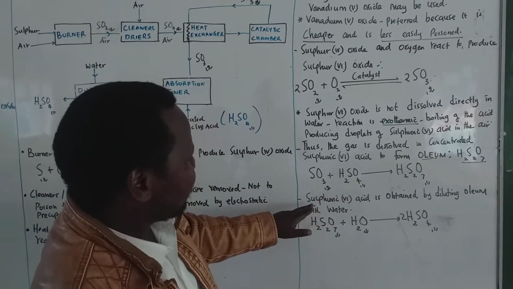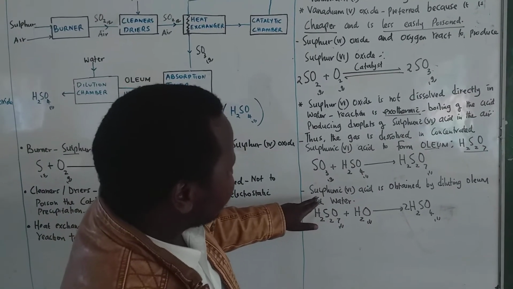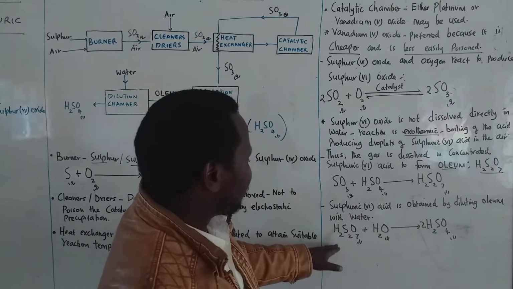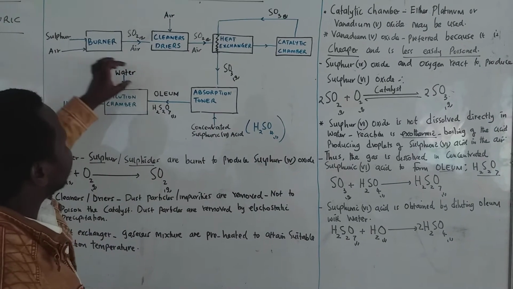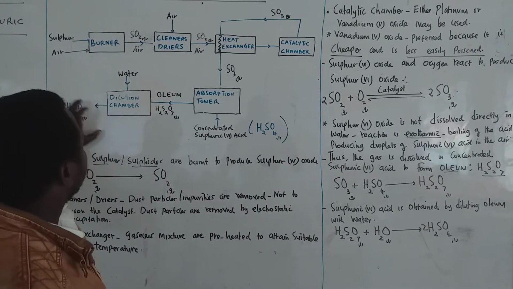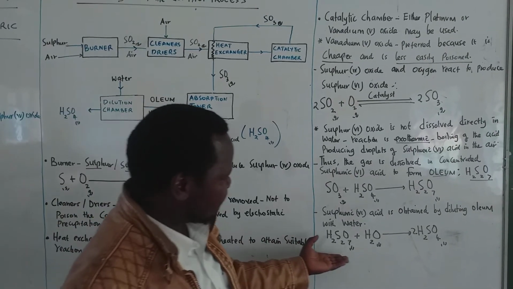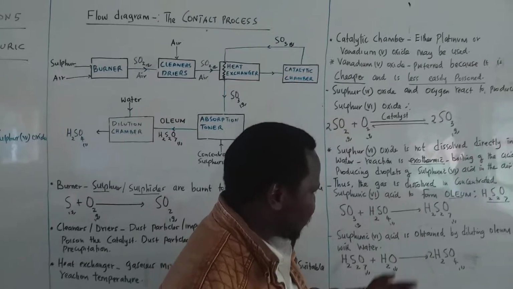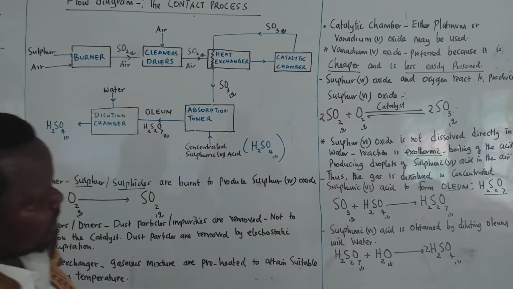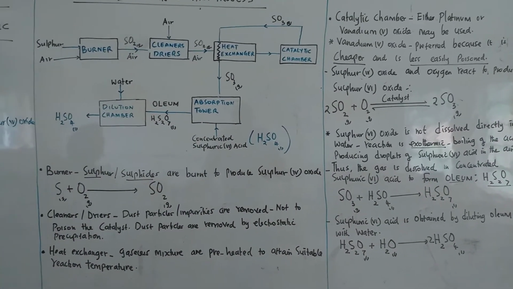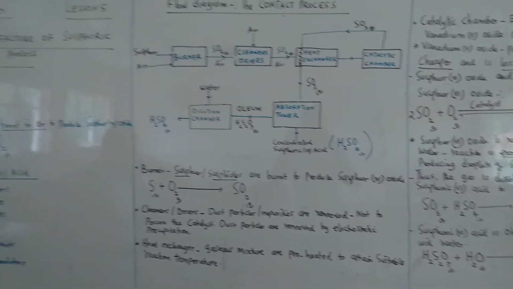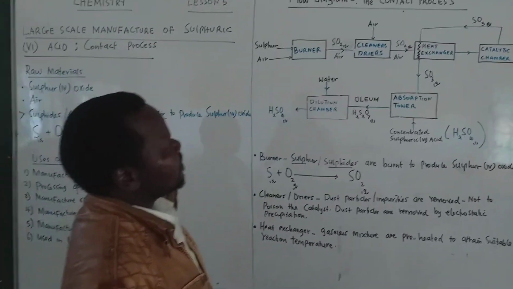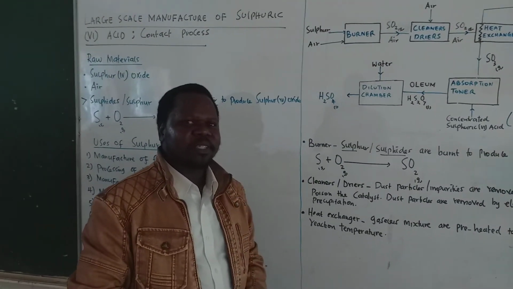Then sulfuric acid is obtained by diluting the oleum with water, and that happens at the dilution chamber. Then you end up with your concentrated sulfuric acid, and this is the equation: H2S2O7 with water to produce sulfuric acid. That is a brief description of the contact process, and that brings us to the end of our discussion on the contact process.